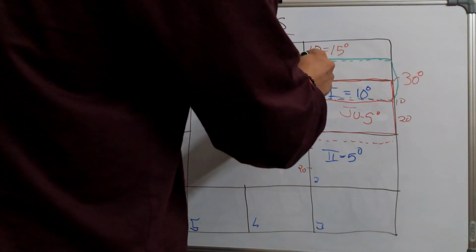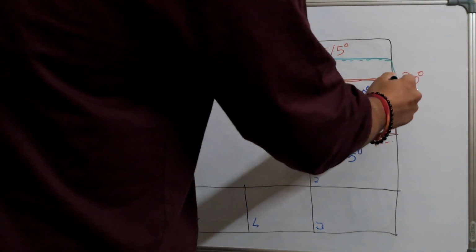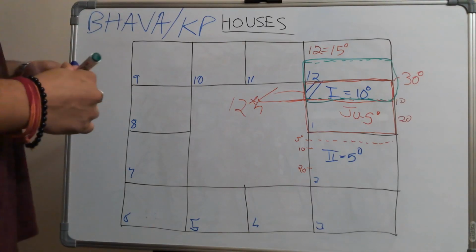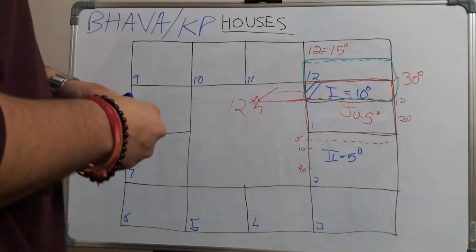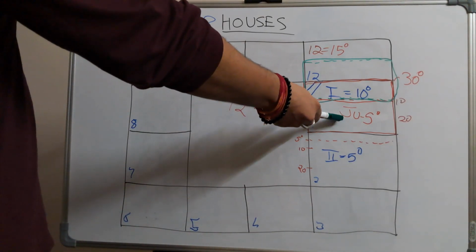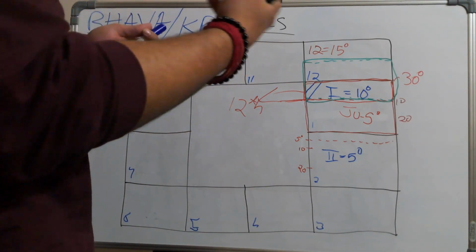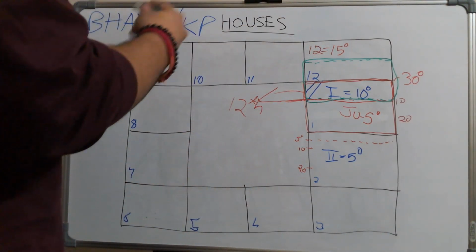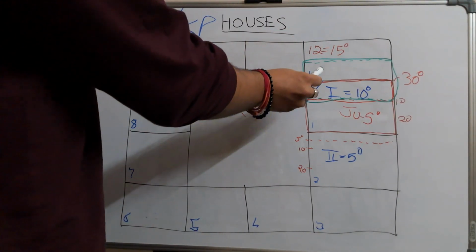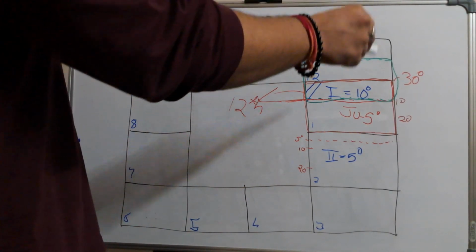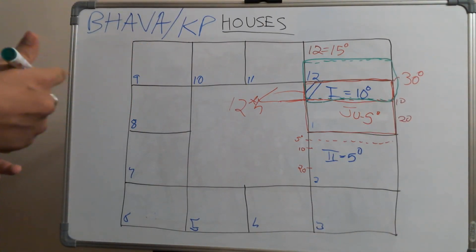So this entire green box becomes the 12th house, and Jupiter falls here. So when Jupiter is written as 5 degrees, the planet in its orbit in the sky has entered this portion, but these houses are imaginary.